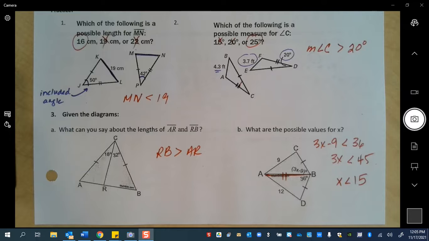You know that the value in here has to be smaller because 9 is smaller than 12. 3x minus 9 has to be smaller than 36. Therefore, x has to be smaller than 15. Sound okay? All right.